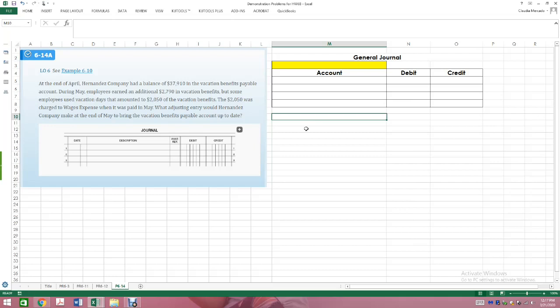So the facts are, as of end of April, our vacation payable account has $37,910. Because it is a payable, it's a credit balance.